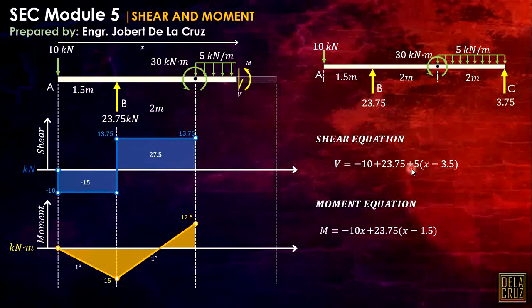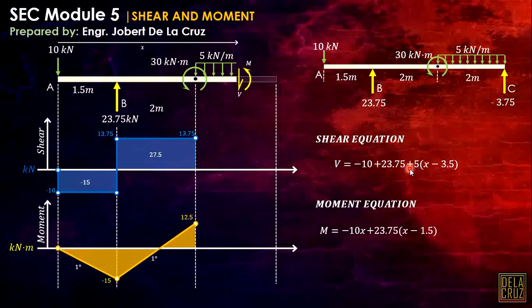This should be minus, correct me. Diba? By equating equilibrium here, vertical forces, this should be negative 10 plus 23.75 minus 5 times x minus 3.5. This should be minus, correct me for that.